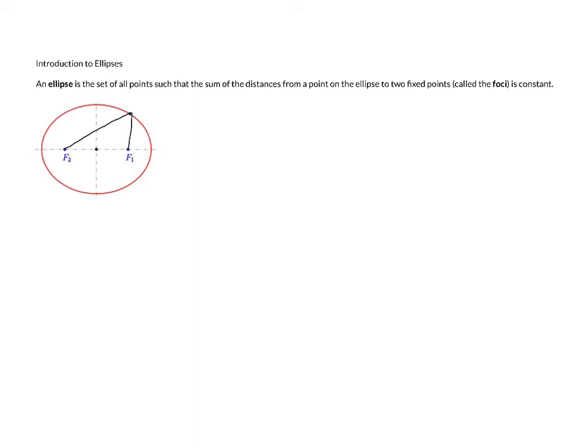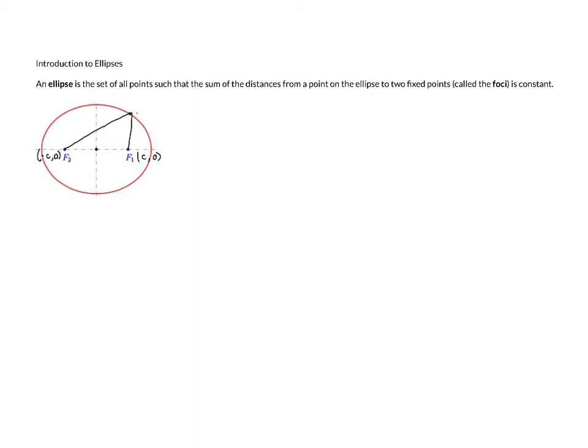So what we're going to do first is we're going to label our points F1 and F2. We're going to say that these points have coordinates c, 0 and negative c, 0. Basically, we're going to start with an ellipse that's centered at the origin, and we're going to look at the two foci that are to the right and to the left of the origin.